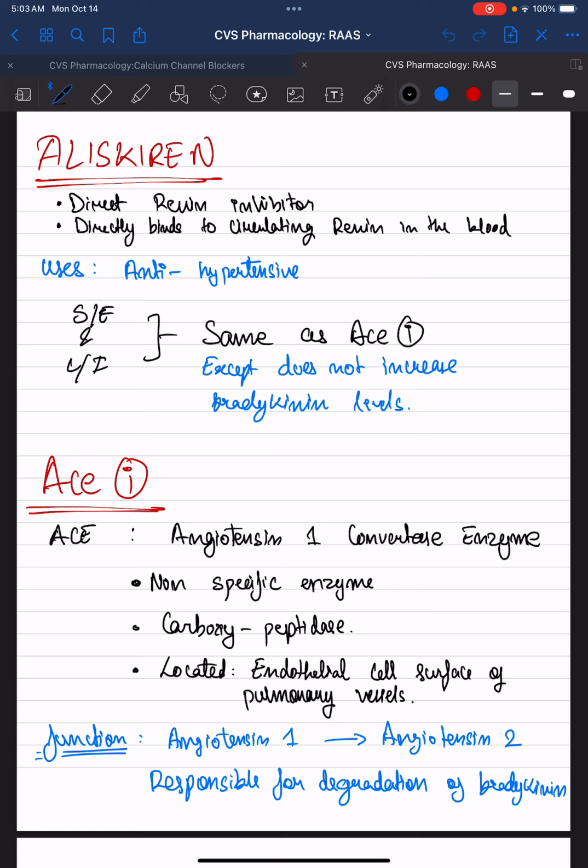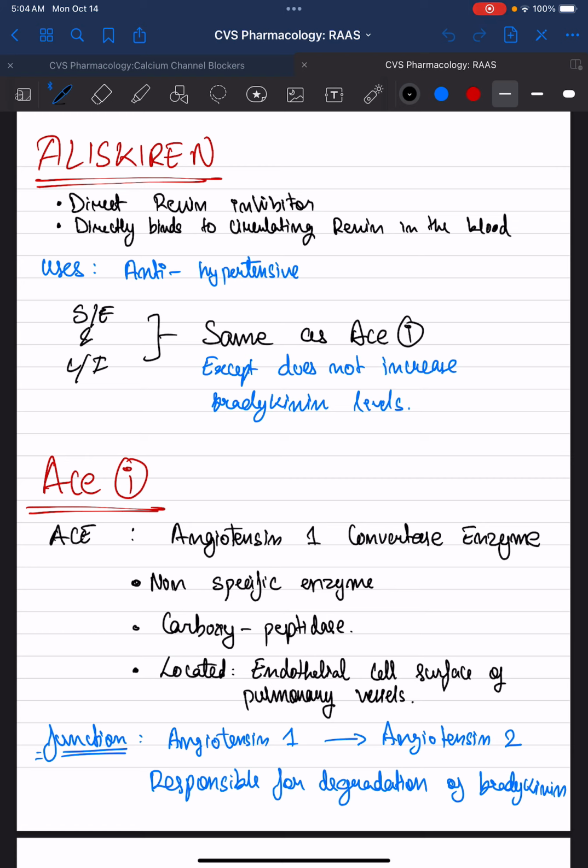So the side effect and the contraindication are the same as ACE inhibitors. There will be hyperkalemia, and it will be contraindicated with potassium sparing diuretics, that is SEAT: spironolactone, eplerenone, amiloride and triamterene.